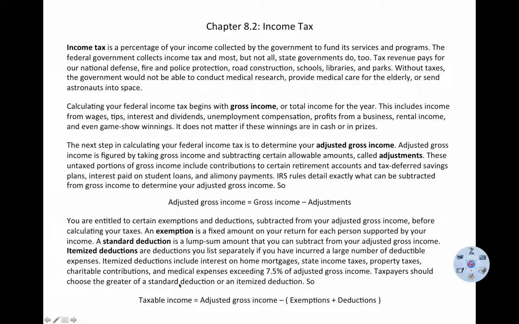Itemized deductions include interest on home mortgages, state income taxes, property taxes, charitable contributions, and medical expenses if they exceed 7.5% of your adjusted gross income. Taxpayers should choose the greater of a standard deduction or an itemized deduction. So, your taxable income is your adjusted gross income minus your exemptions and deductions.